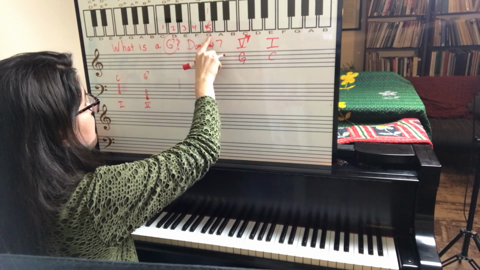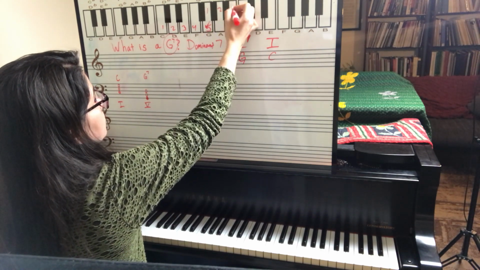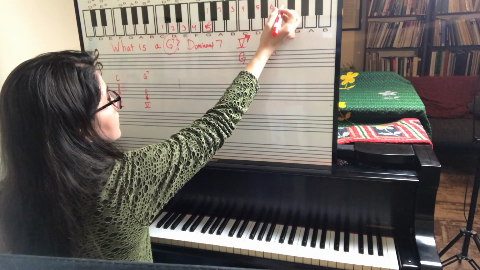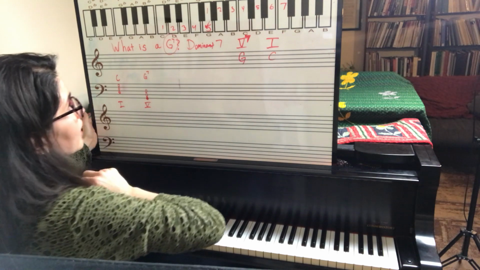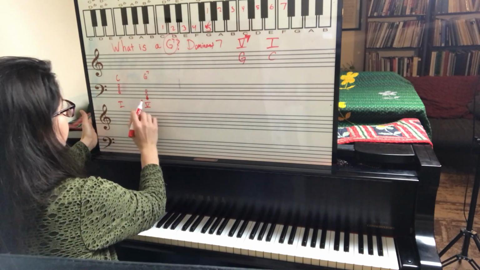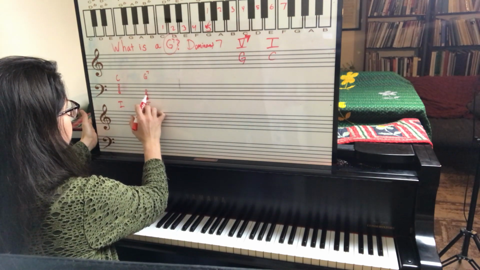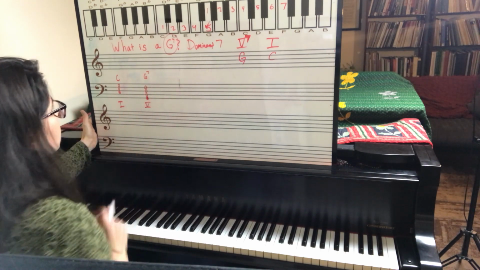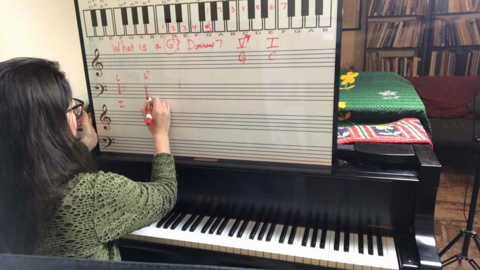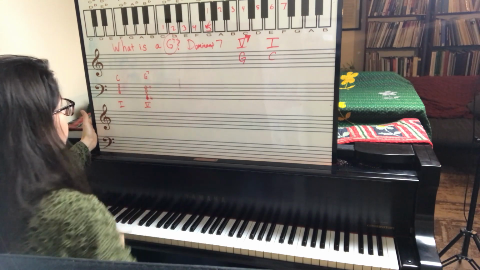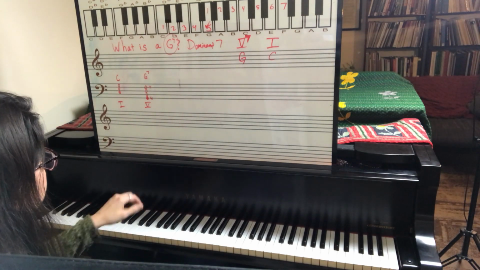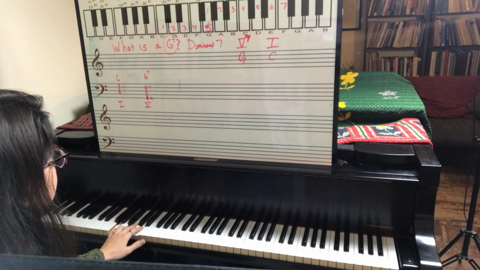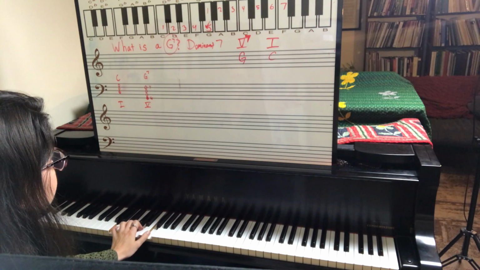In a G chord, G is 1, A is 2, B is 3, C is 4, D is 5, E is 6, and bingo, F is 7. So if I count up from here, 1, 2, 3, 4, 5, 6, 7, that puts my F right there. G is the name of my chord, and there is 7 steps above. G, B, D, and F.